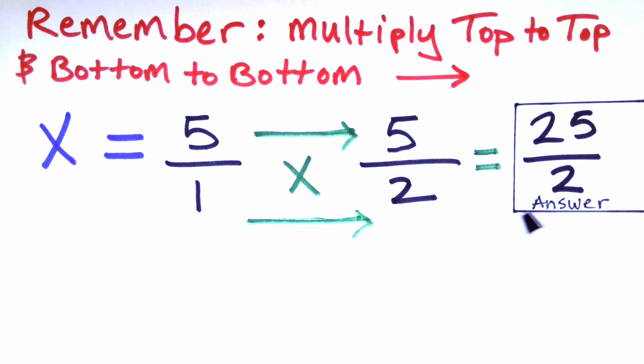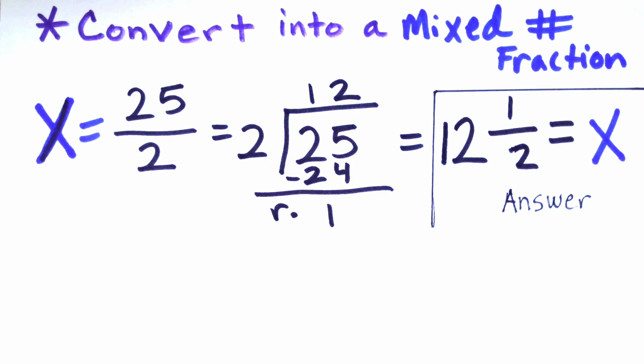Can I turn this improper fraction into a mixed number? Absolutely I can. 25 divided by 2. 25 under the divisor bar, divided by 2. 2 can be divided into 2 one time, right? 2 minus 2 is 0. 2 times 2 gets me closest to 5, right? 5 minus 4 is 1.